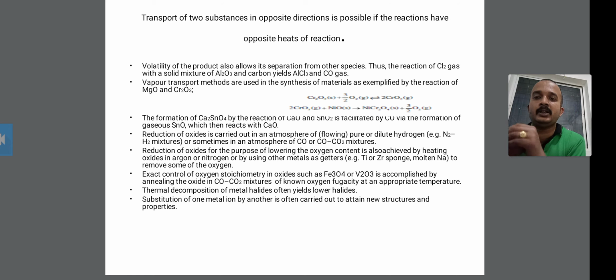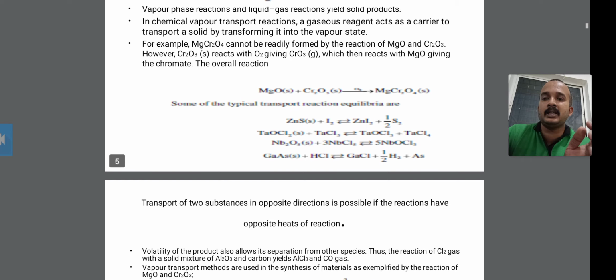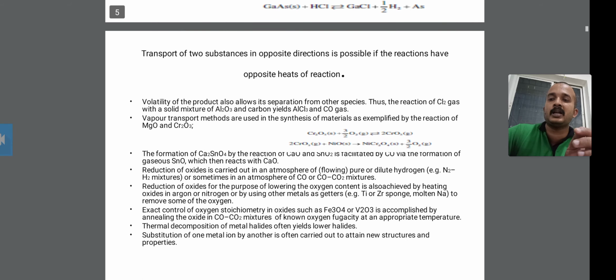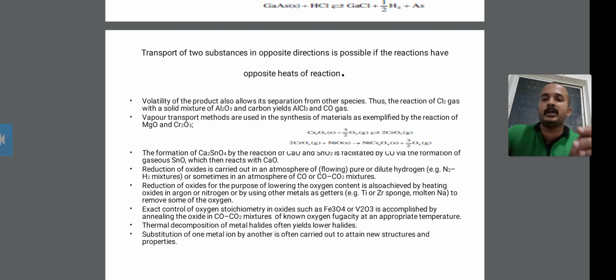Then gallium arsenide solid plus HCl gives gallium chloride plus half H2 plus arsenic. This is the reaction that we use in the complex ion reaction, used in the preparation of complex oxide.